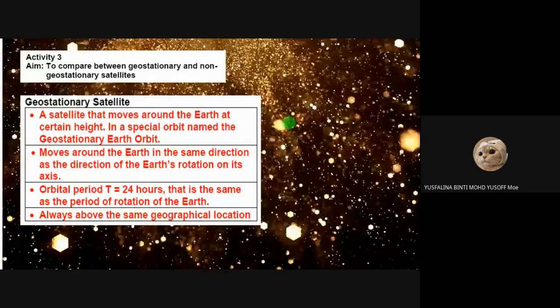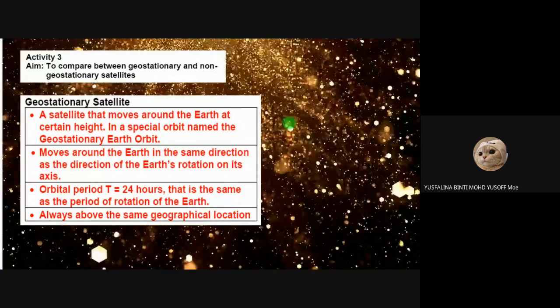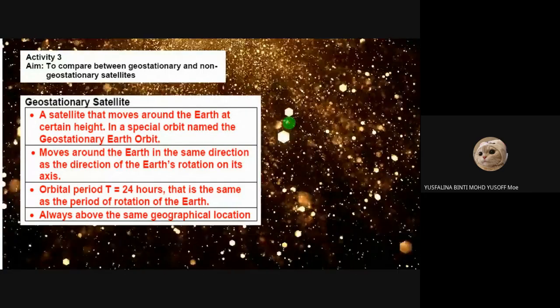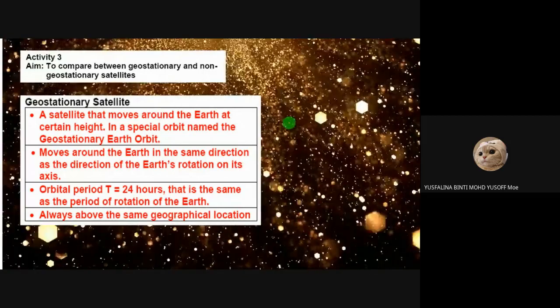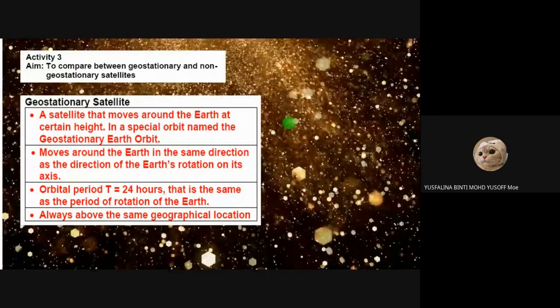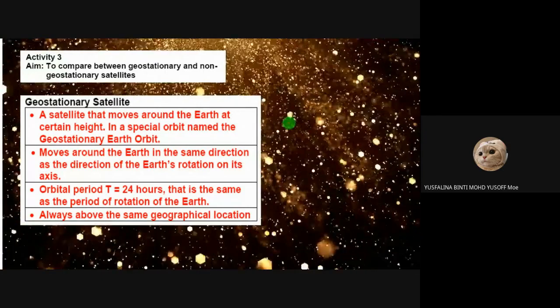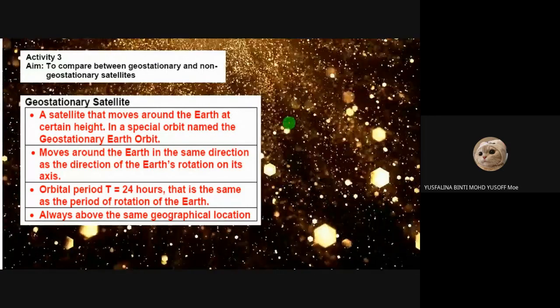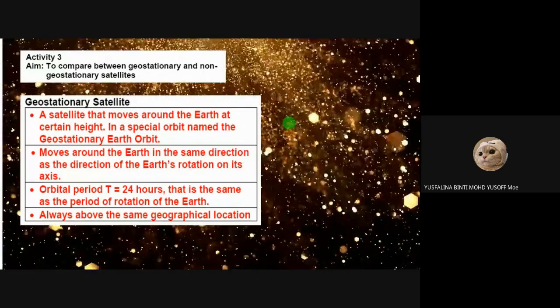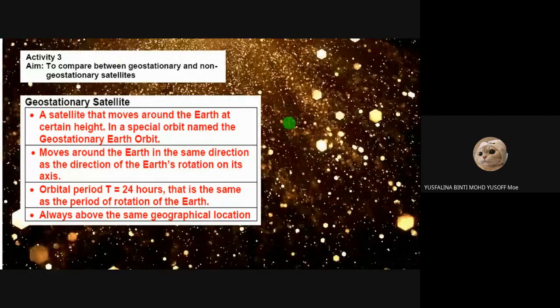Let's say for the satellite, if the orbit is 20,000 kilometer, it will stay at the height of 20,000 kilometer. It will not change the height. So this special orbit, we call it a geostationary Earth orbit. It will stay at 20,000 like that. It will not change the height of the satellite.